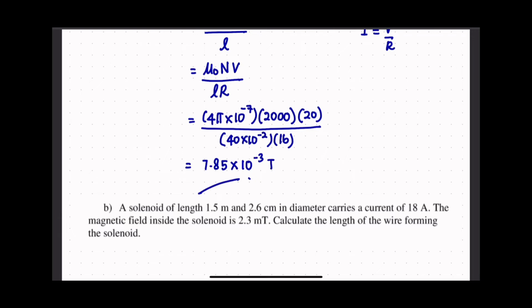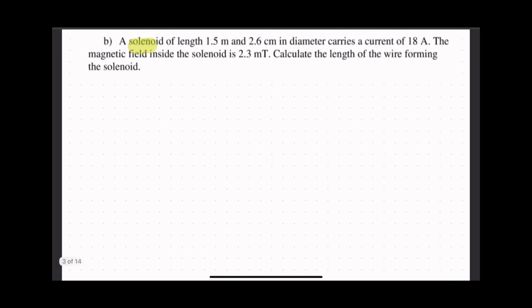Okay, so B, okay, we have a solenoid of length 1.5 meter and 2.6 cm in diameter, carrying a current of 18 ampere. The magnetic field inside the solenoid is 2.3 milli-Tesla. Calculate the length of the wire forming the solenoid. So kita ada beza dekat sini.